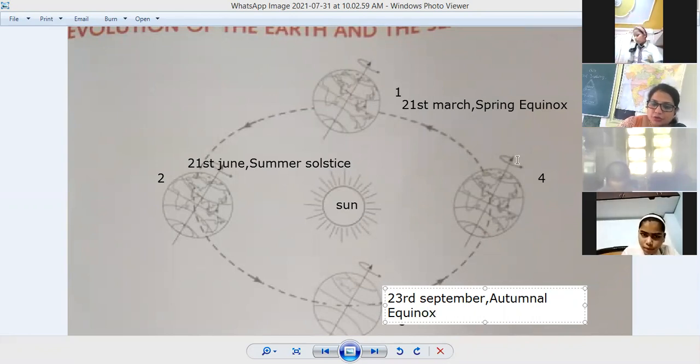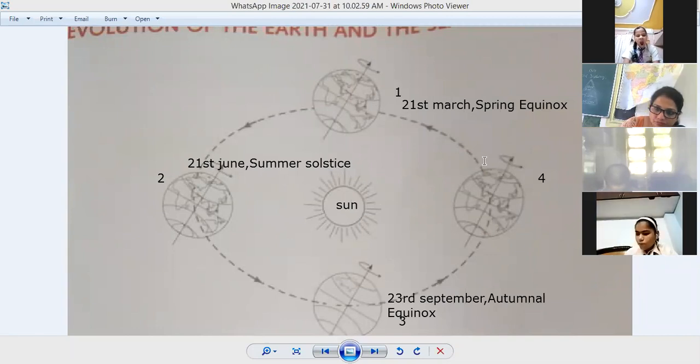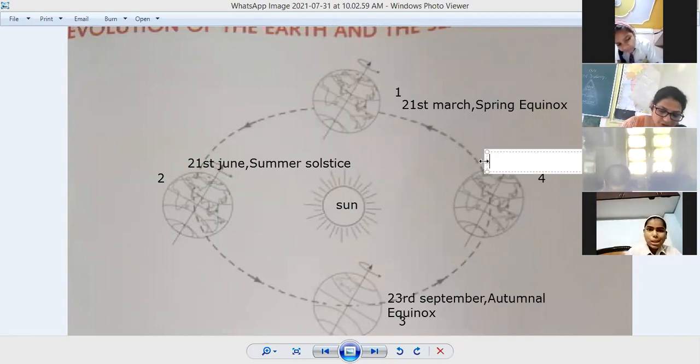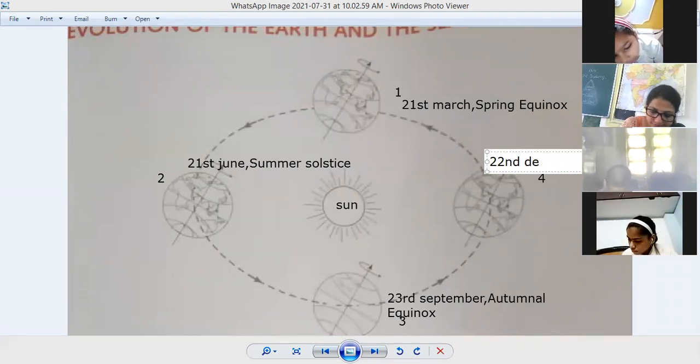Now mark this position, the part turned away from the sun, this part. Here the part is facing the sun, and this portion of the earth is turned away from the sun. Now I come to this position, 22nd December.